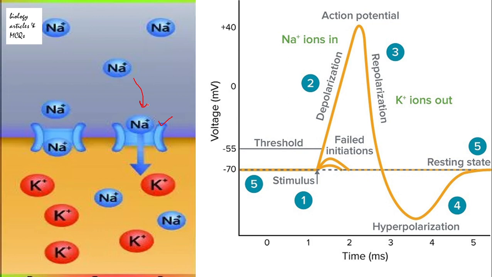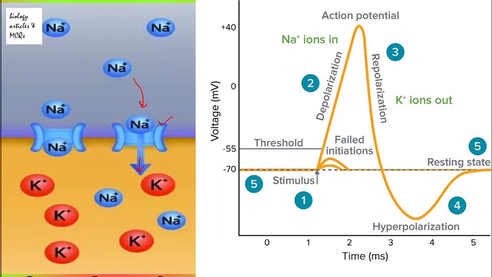As the sodium ions are moving inside the cytoplasm of the nerve cell, there will be an increase of the positive charge. Or you can say that the positive ions inside the cytoplasm are increasing. But here, not too many sodium ions will pass.